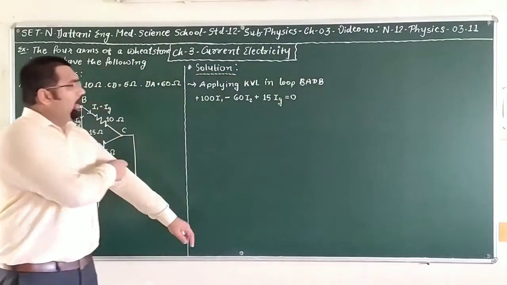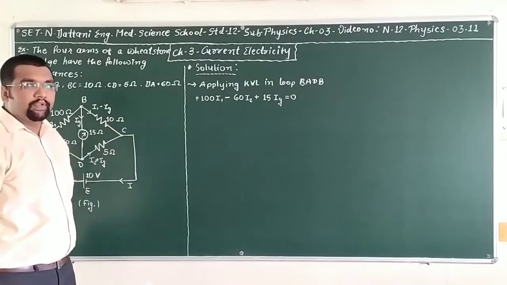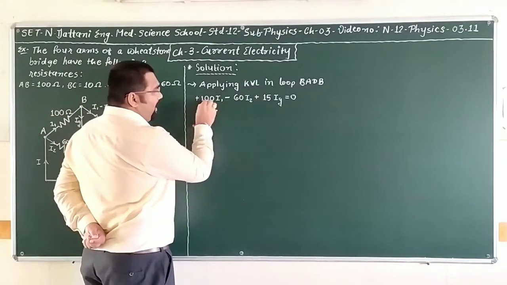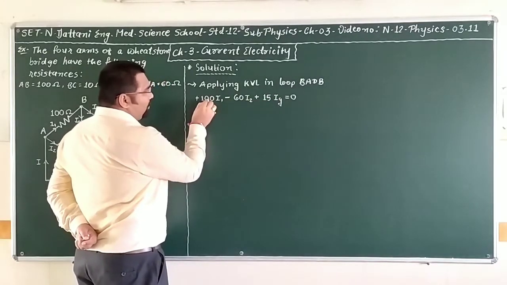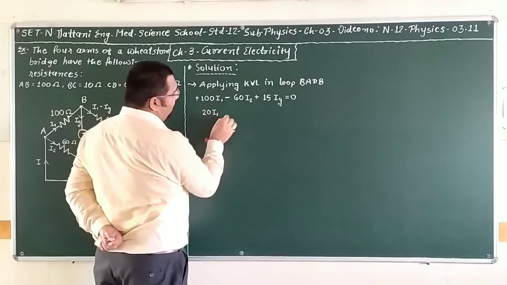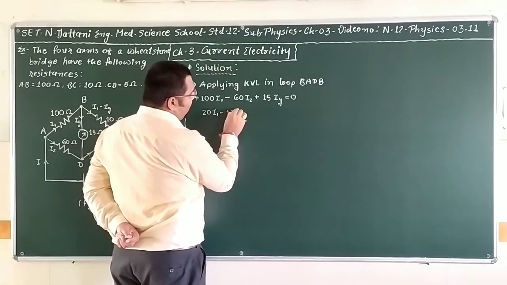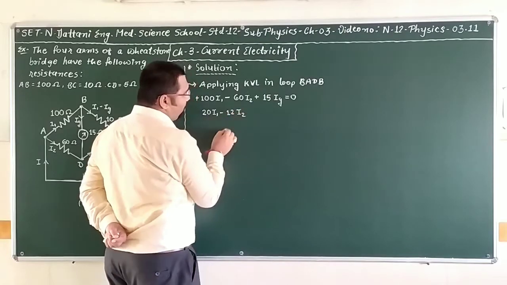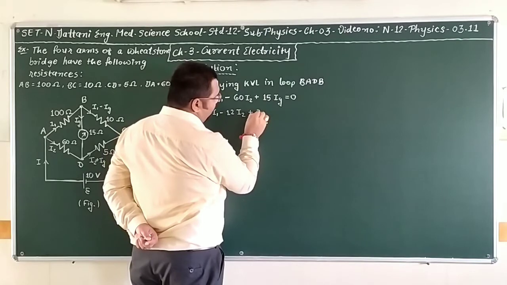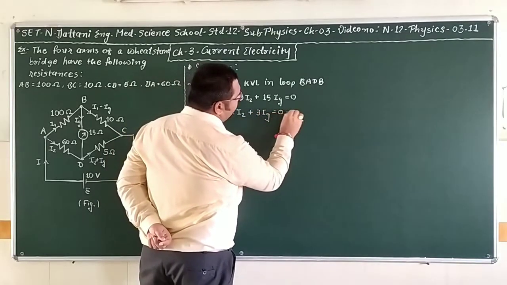Equal to 0. Now we will divide this whole equation by 5. So 100 by 5 is 20 I1, 60 by 5 is 12 I2, and 15 by 5 is 3 Ig equal to 0.